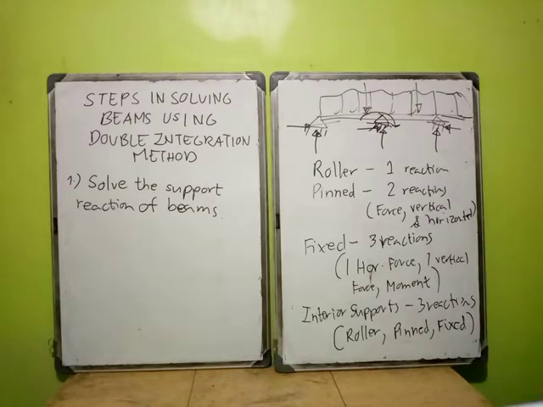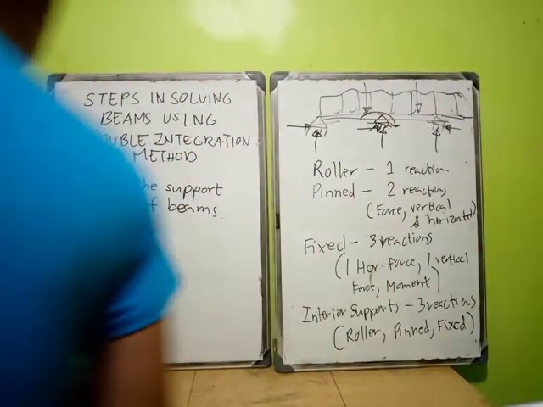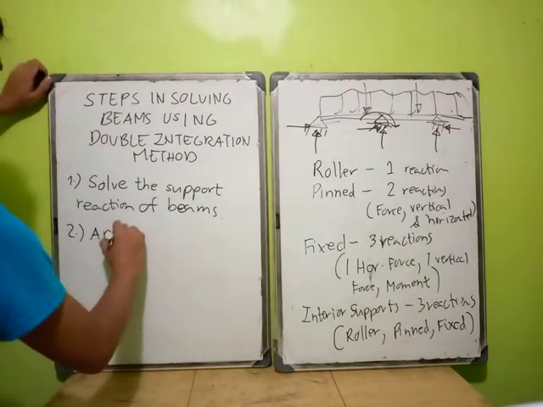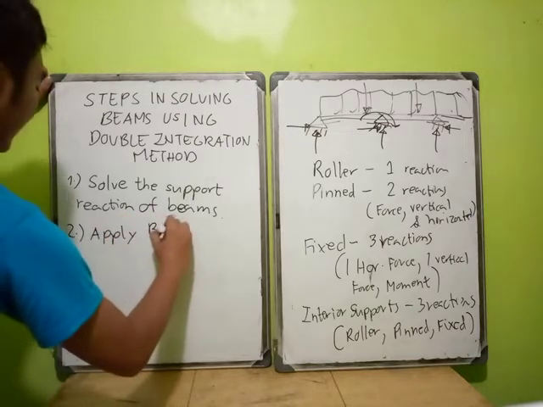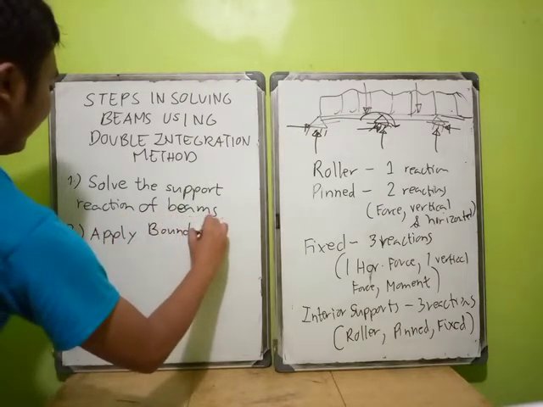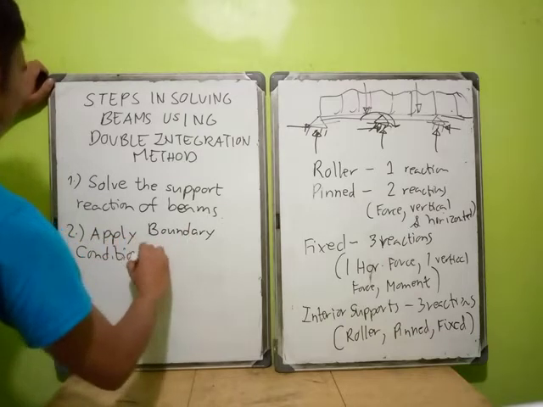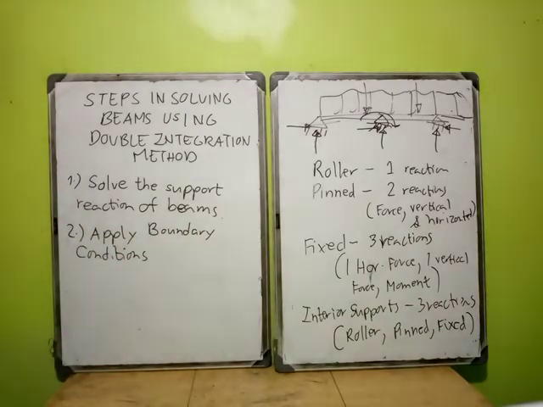Okay. So the next step is i-apply natin boundary conditions. It is already explained in the second video: what are the boundary conditions?